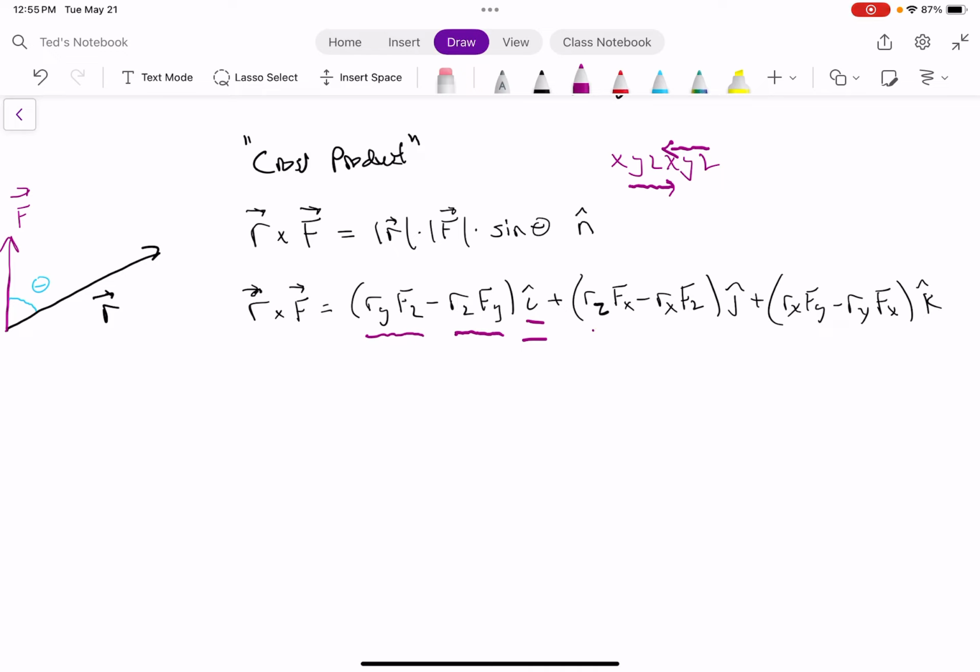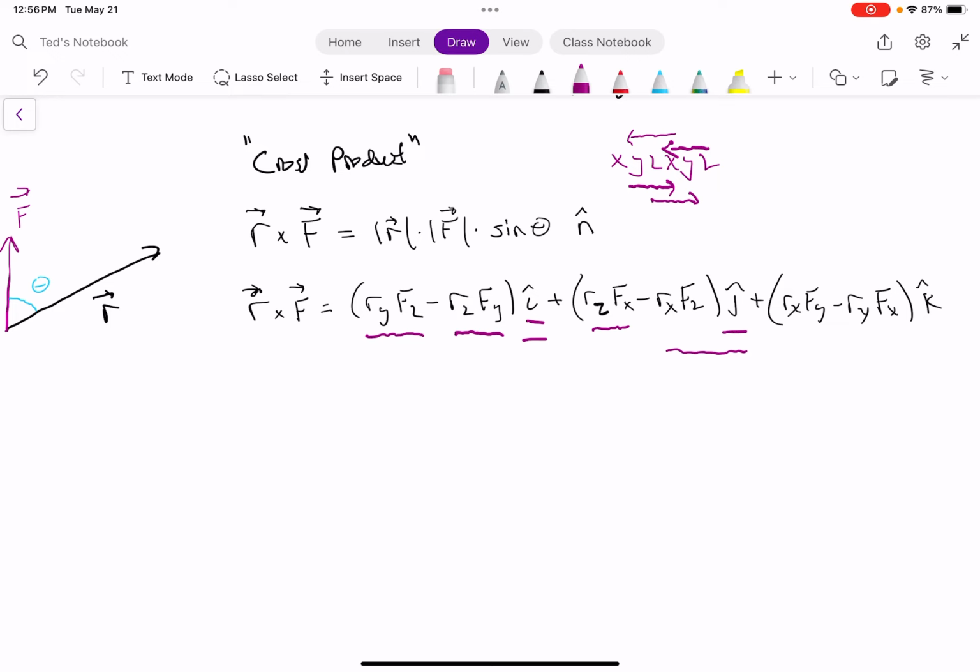Here, this goes Z, X, Y, which is in the forward order. And here this goes X, Z, Y, which is in the backwards order, so it's negative.